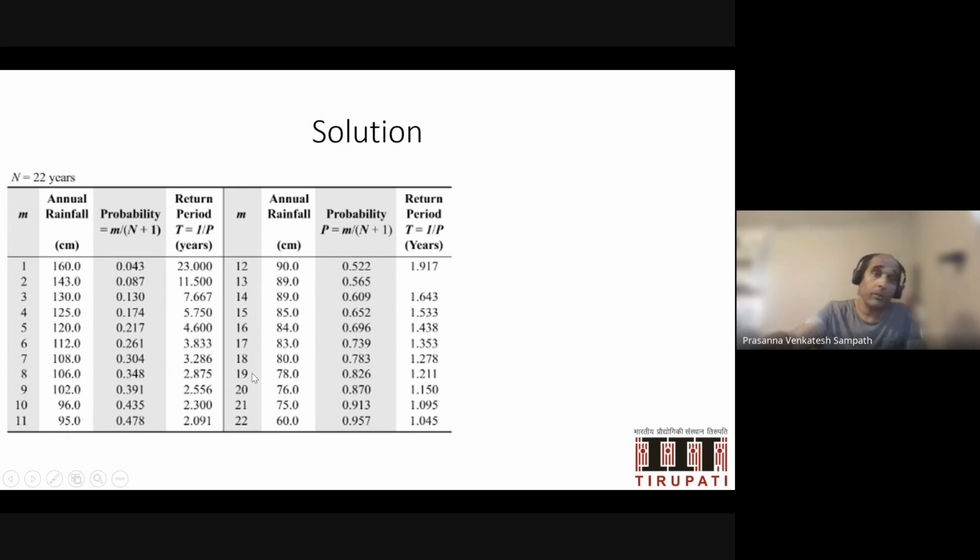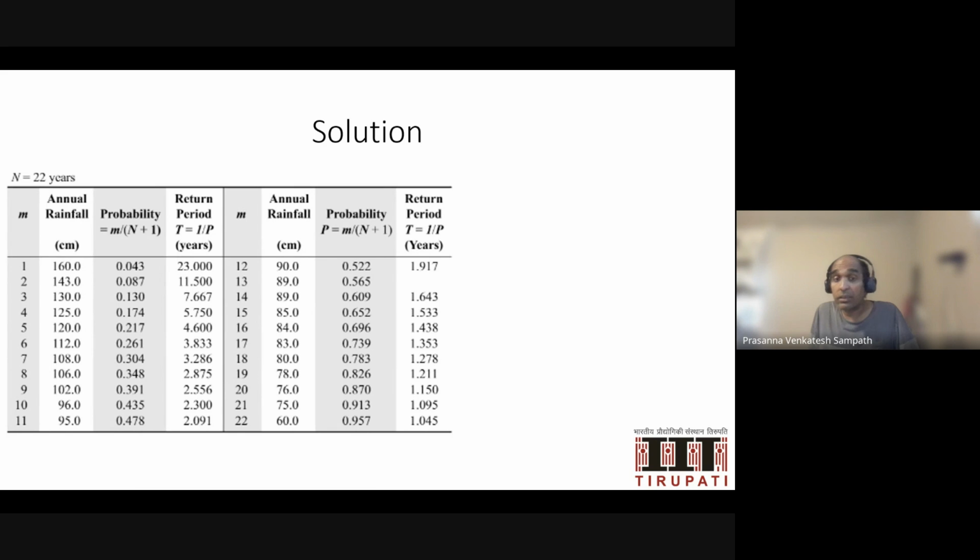Then the probability of occurrence for each of these is m divided by n plus 1. So it is 1 divided by 23, because 22 is the number of data points that we have. So I have 0.043 or 4.3% occurrence, and then 8.7, 13, and so on, all the way down to the last point, which is 95.7.